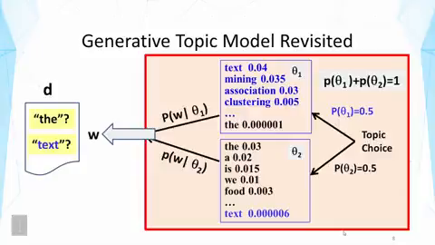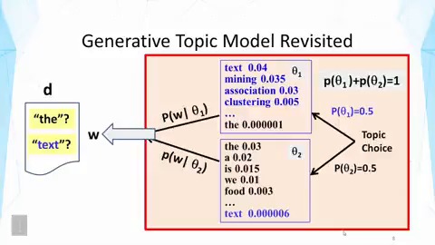Now, we first make this decision regarding which distribution should be used to generate the word, and then we use this distribution to sample a word. Note that in such a generative model, the decision on which distribution to use for each word is independent.